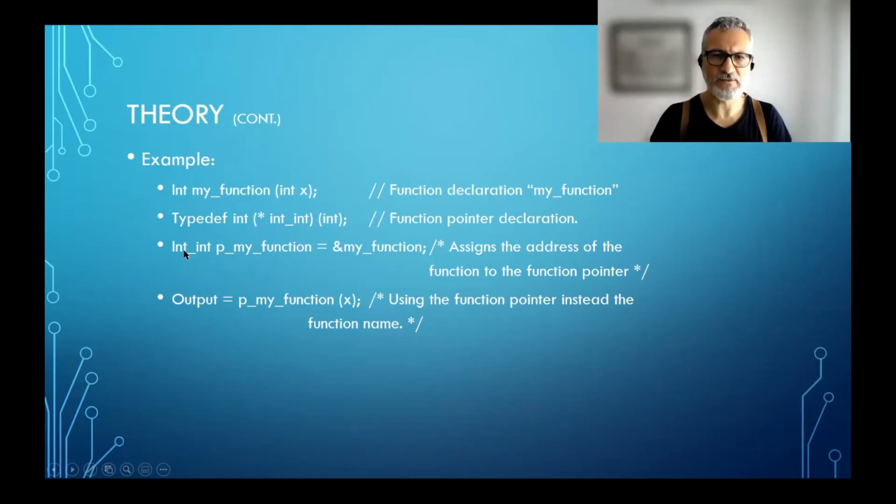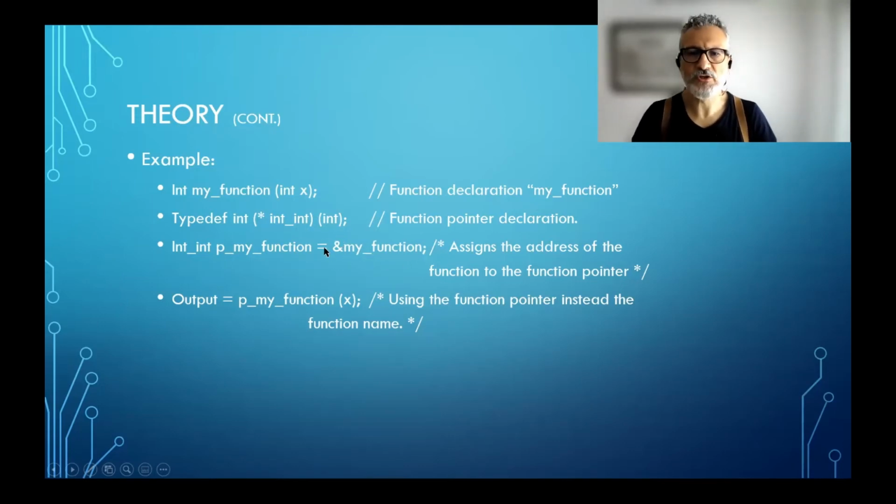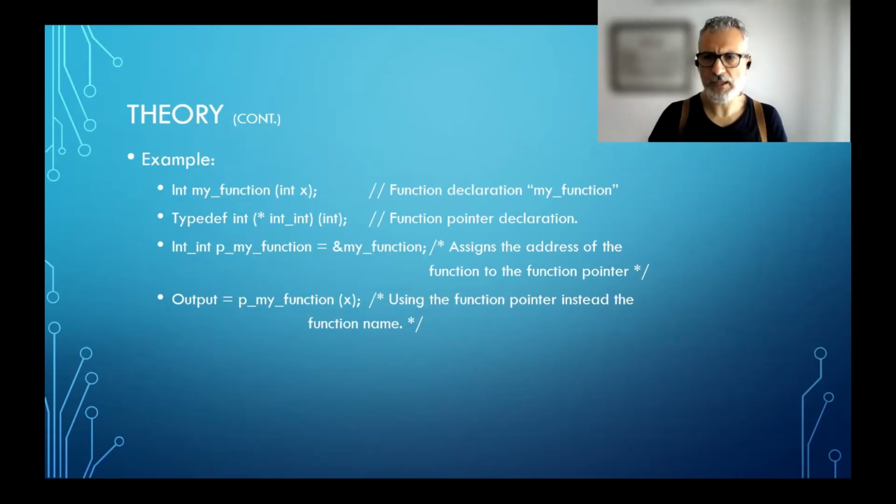Okay, we can save time, save typing using typedef. And I'm going to declare a function pointer of this type called my my function equals ampersand my function. Okay, the ampersand is not necessary because only my function means the address of that function, but it's a good practice to put the ampersand because it gives us a clue what's happening, what we are doing. Okay, it assigns the address of the function to the function pointer.